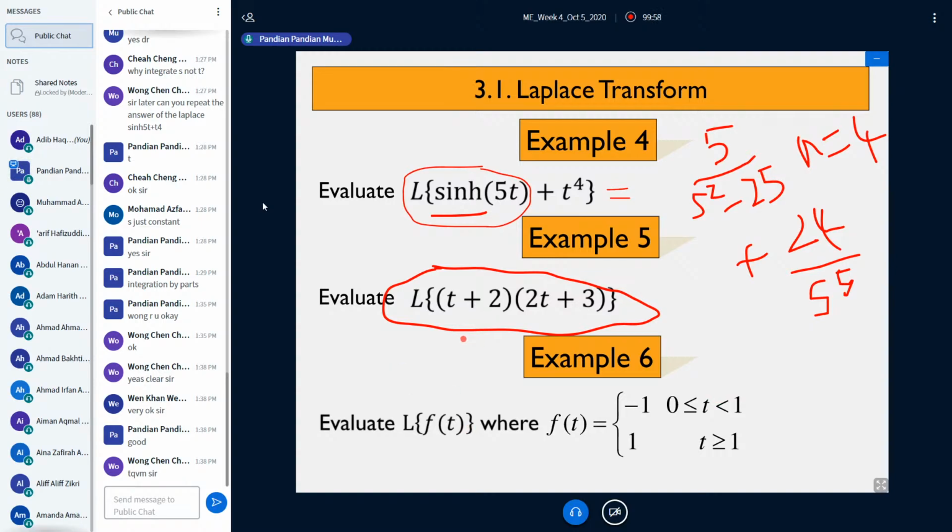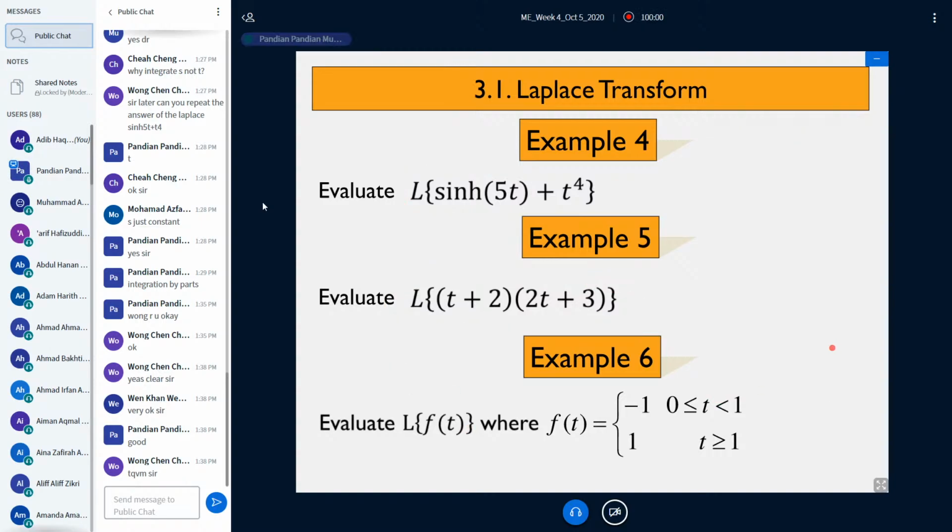So that is the answer for this. If you don't simplify, it's okay.